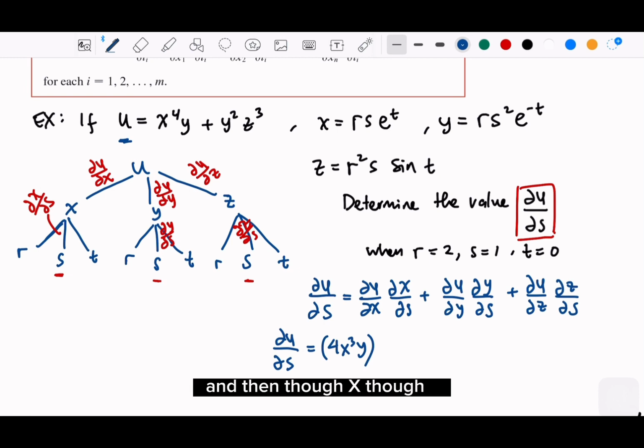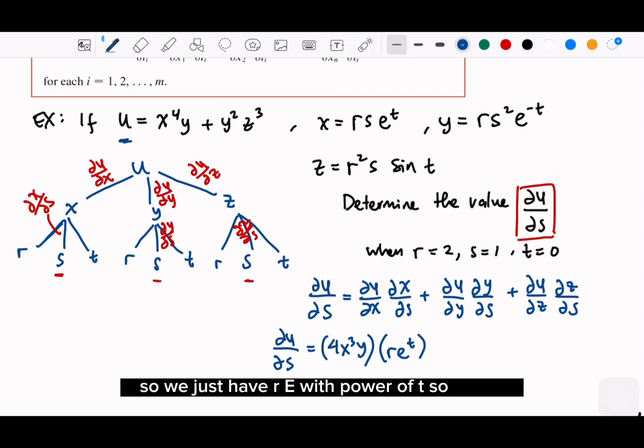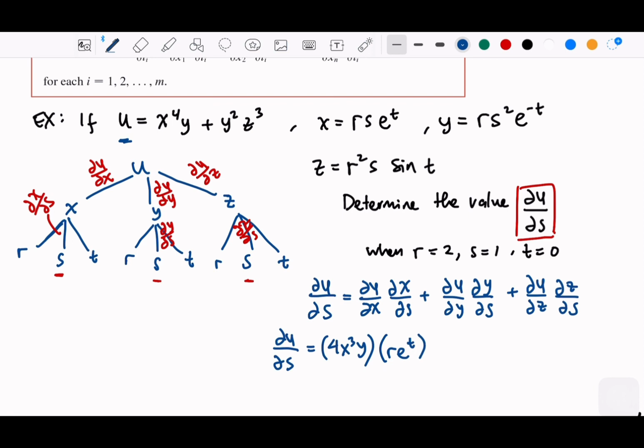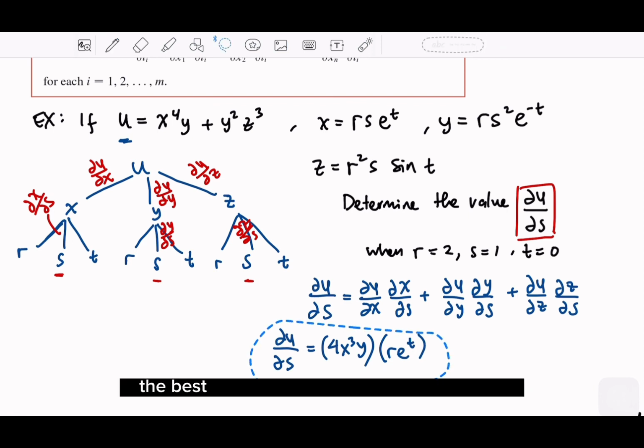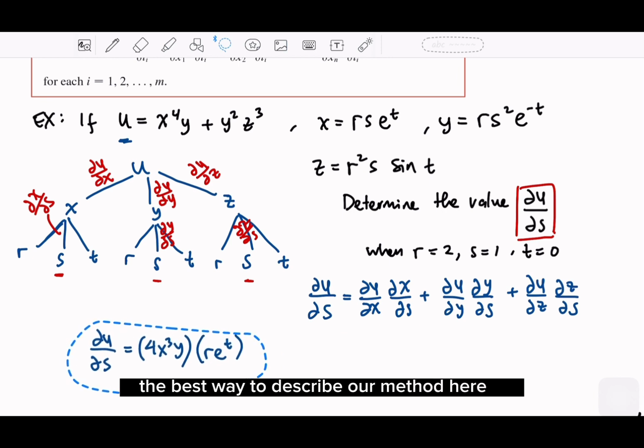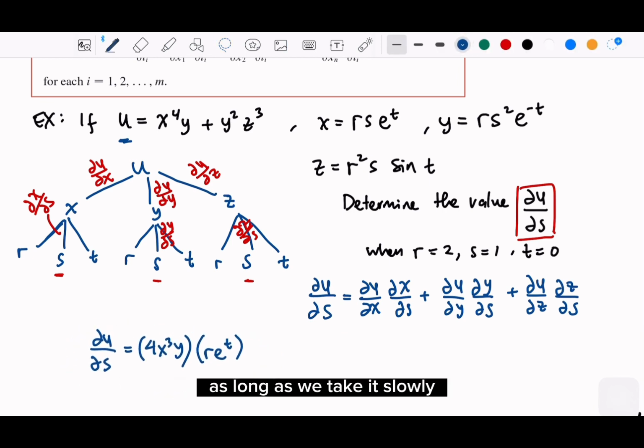And then dou x dou s, we are taking s as the variable, so we just have r e to the power of t. So I think the best way to describe our method here is, as long as we take it slowly and carefully when you differentiate all the components, I believe it should be solvable.